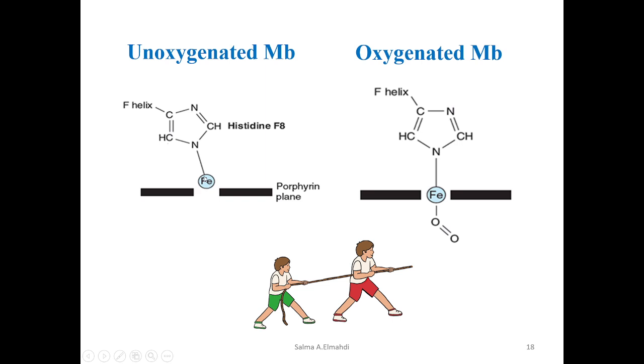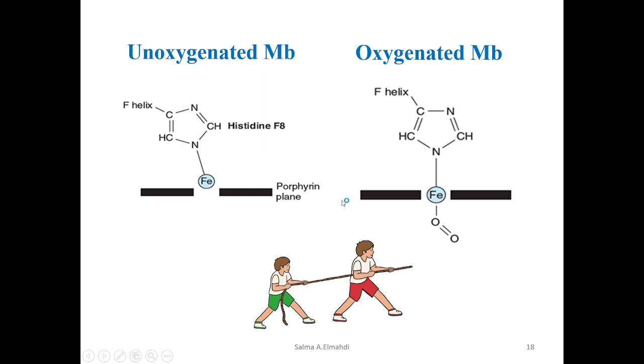This is the ferrous ion. It lies outside of the plane of the porphyrin, and this is the rest of helix F, and this is the proximal histidine, which is linked by its nitrogen to the fifth coordination position of the ferrous ion.